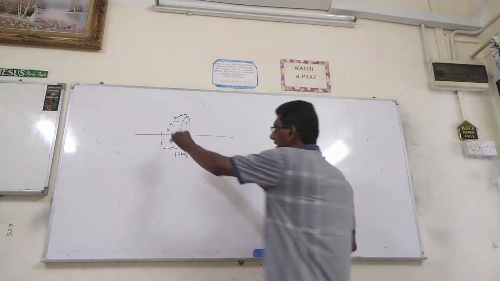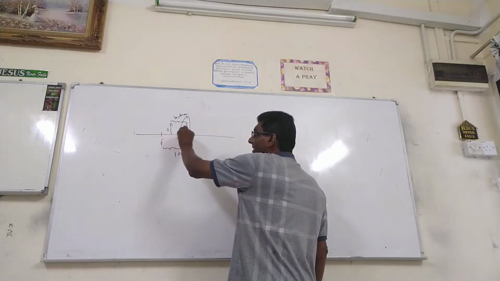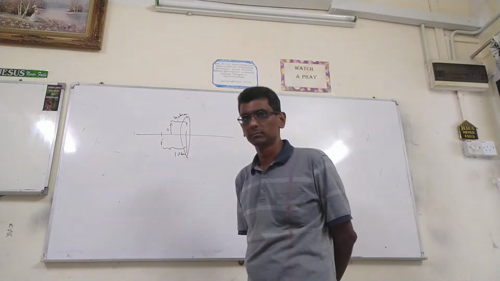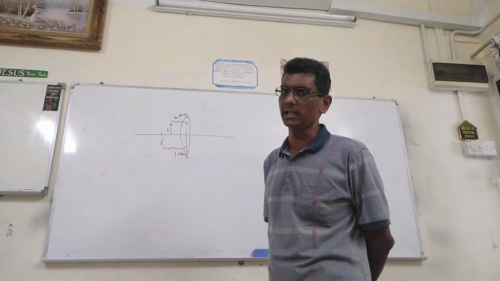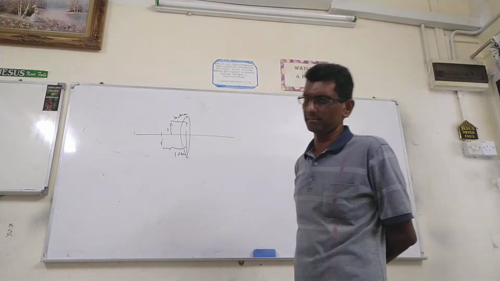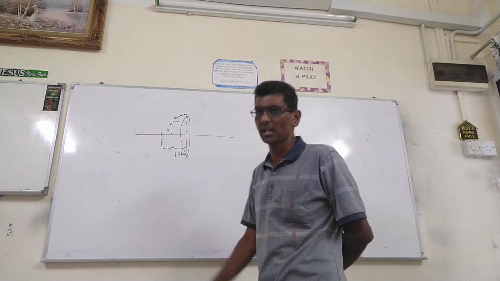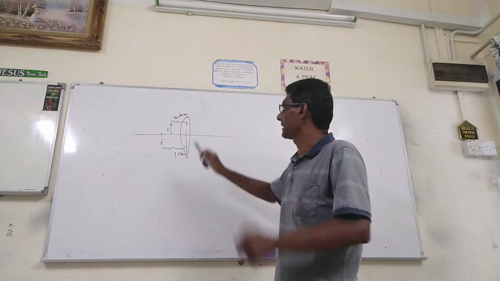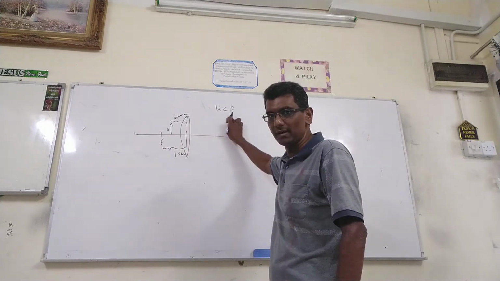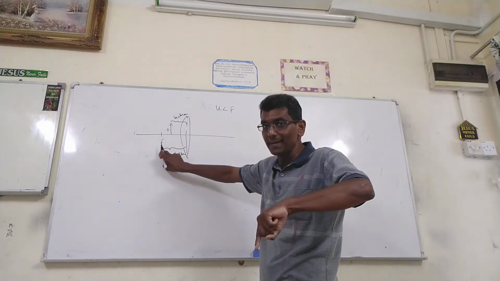The 4 cm tall object is placed 6 cm in front of the lens. So what does the image look like? Same side of the lens or behind the lens? The image must be formed on the same side of the lens, because u is less than f: u is 6 cm and f is 10 cm.